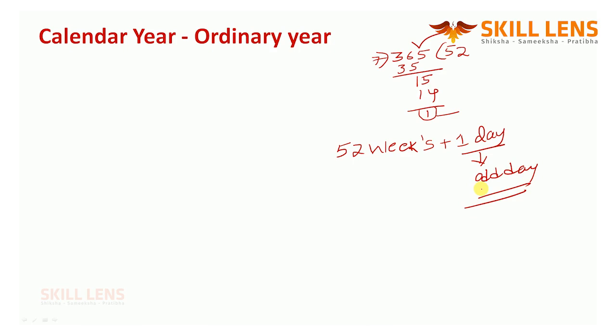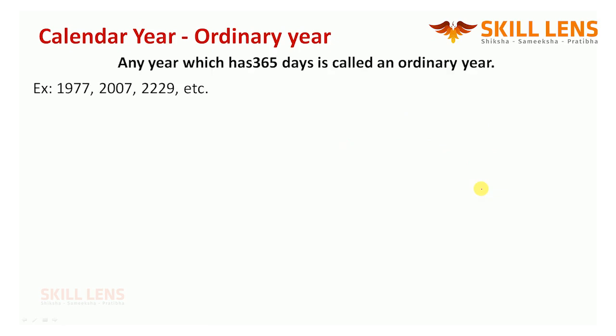Guys, throughout the calendar topic we can use the words odd days. We can do every question with odd days. When you are dividing the number by 7, the extra, I can say the remainder, is nothing but odd days. Any year which is having 365 days is called an ordinary year.